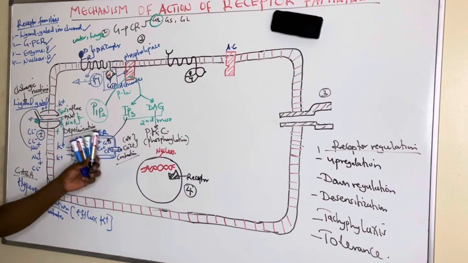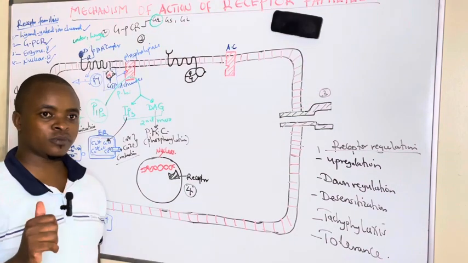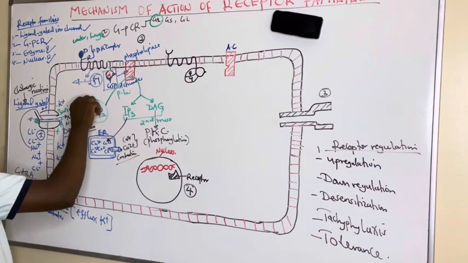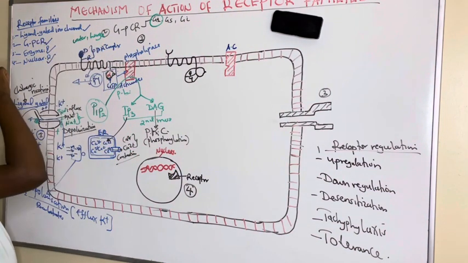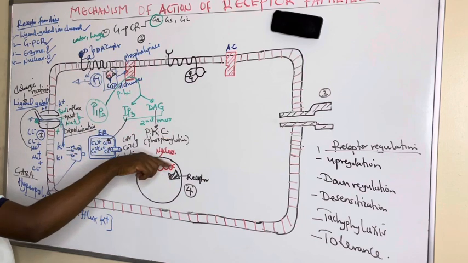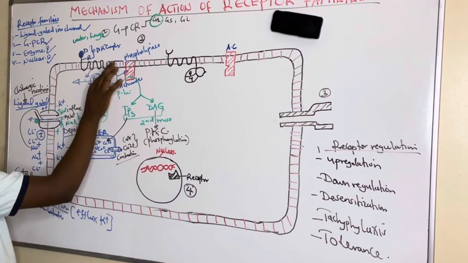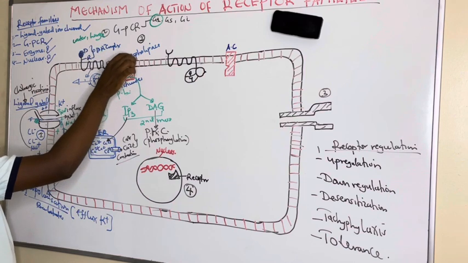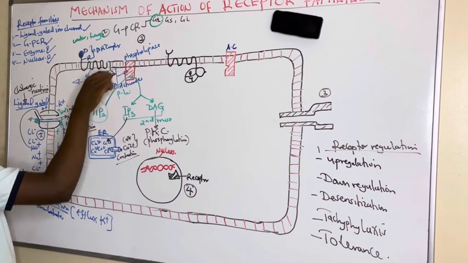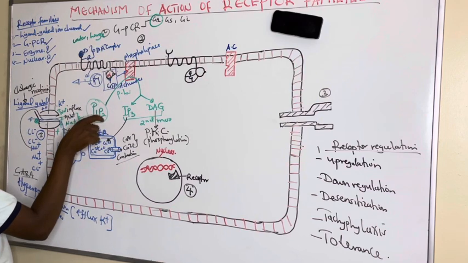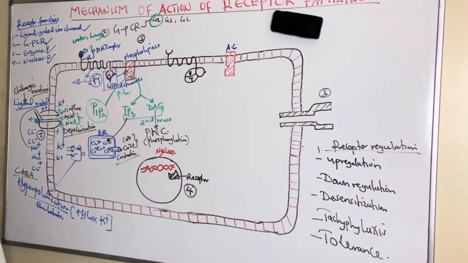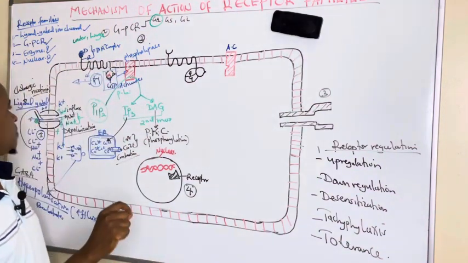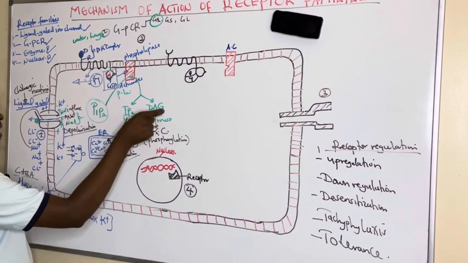So this is the mechanism of action of G2, which is a type of G protein coupled receptor, whereby the drug binding to form a complex causes the release of GDP, and GTP binds to form the alpha GTP complex, which activates phospholipase in the membrane, and the phospholipase converts the phospholipid known as phosphatidyl inositol 4,5 bisphosphate to IP3 and DAG.